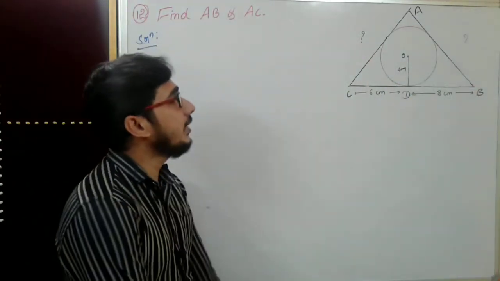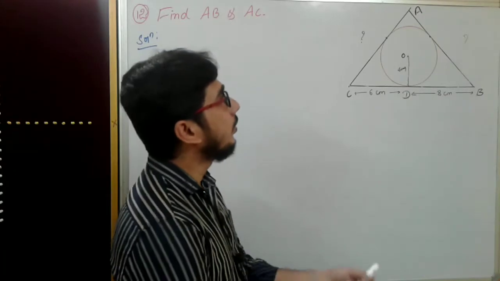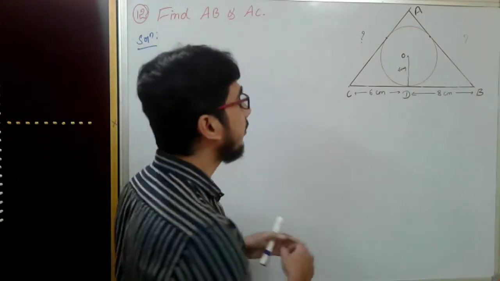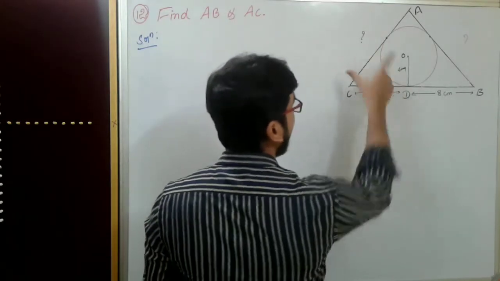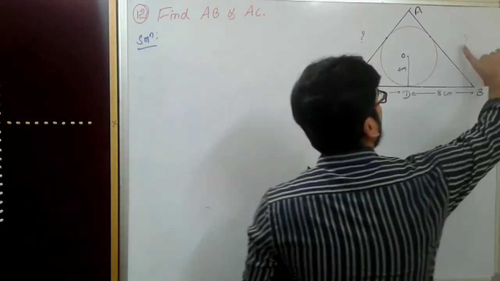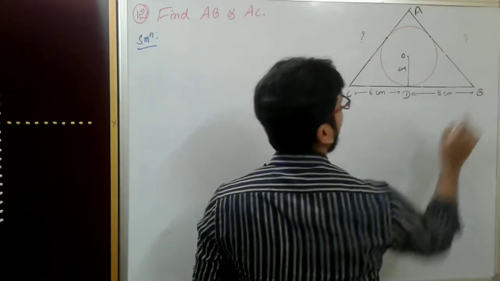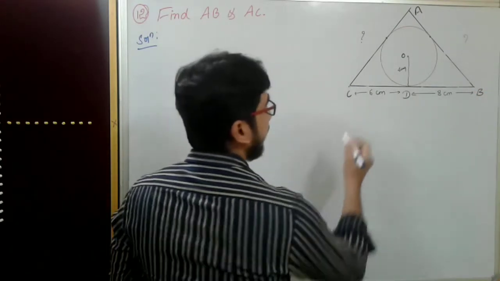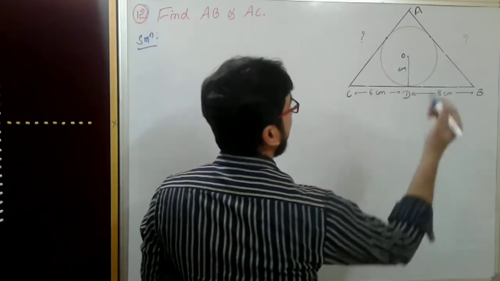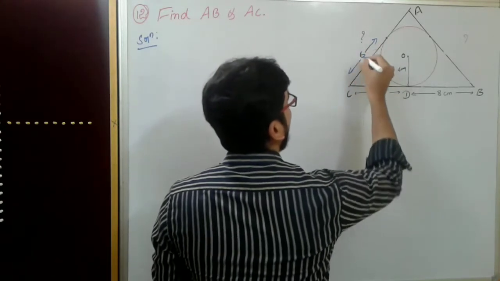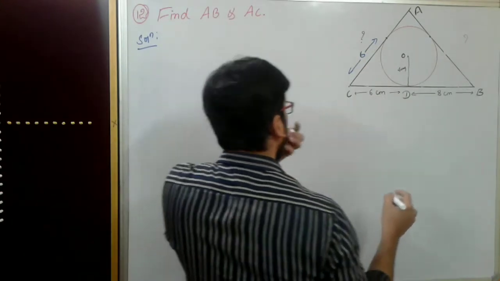To find AC and AB, what do we have to do? Remember, C is the external point, and these are the tangents. This is a tangent, this is a tangent, this is also a tangent. So if this is 6 centimeter, obviously from here to here it is also 6 centimeter, because tangents drawn from an external point are equal.